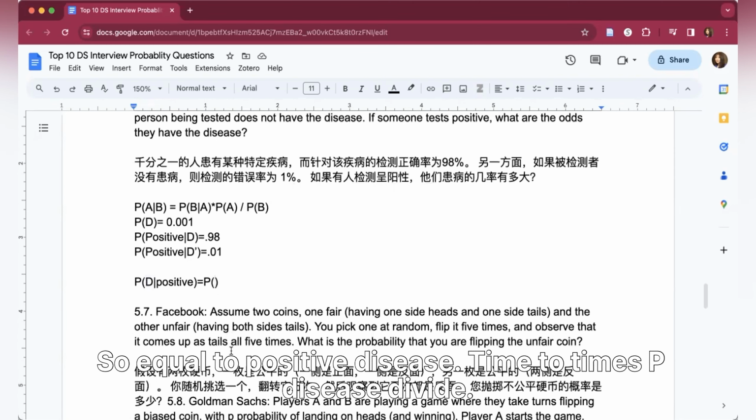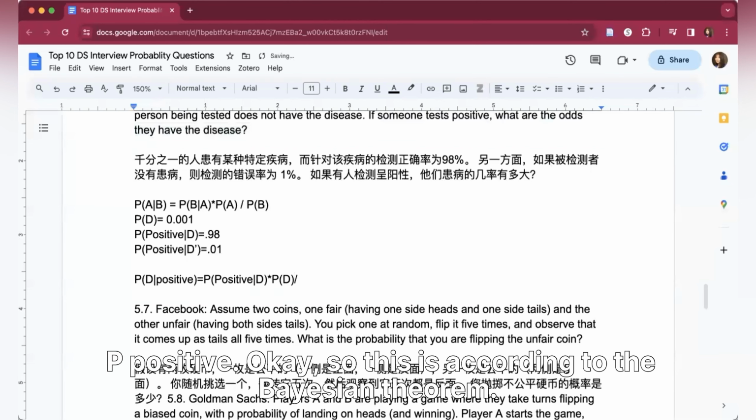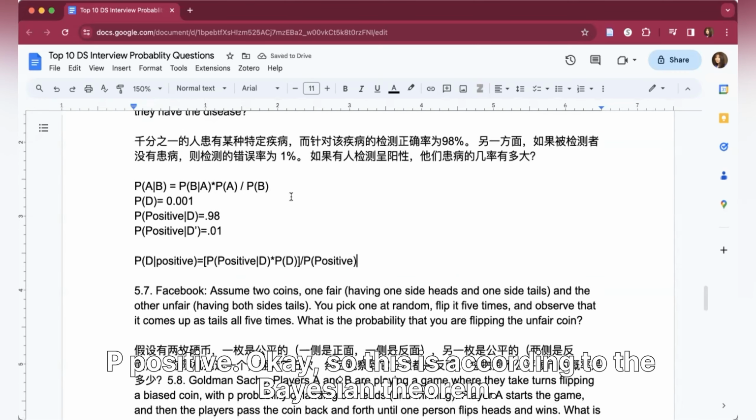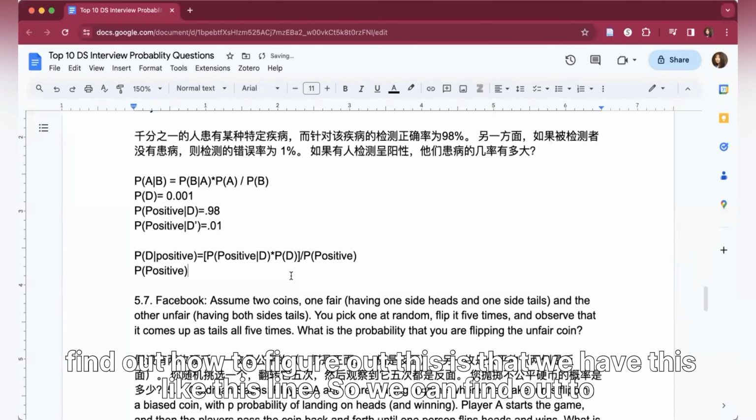So it equals P(positive | disease) times P(disease) divided by P(positive). According to the Bayesian theorem, we already have this here and this here, but we don't have this. But we can find out.